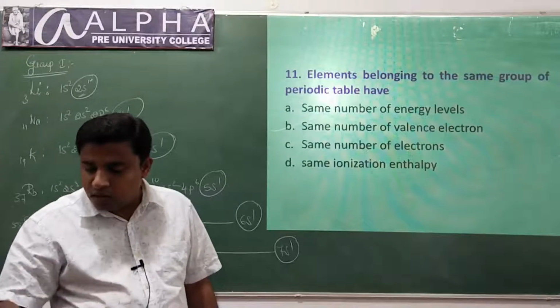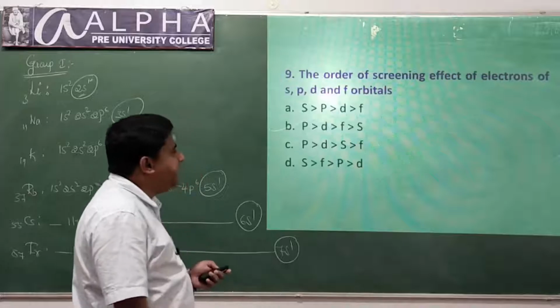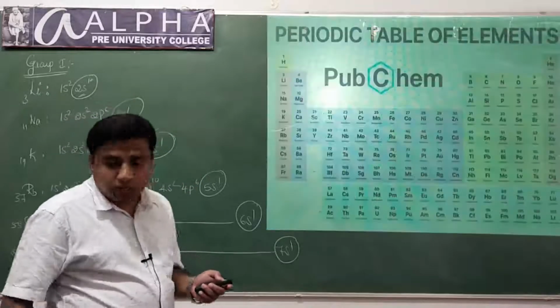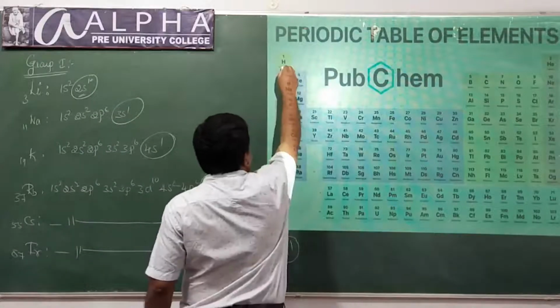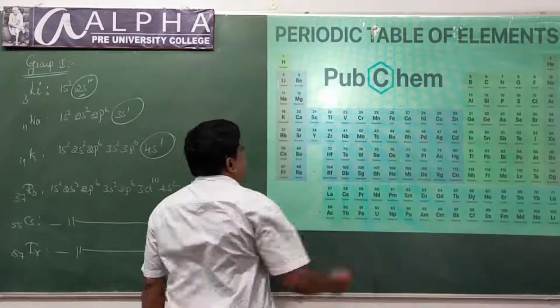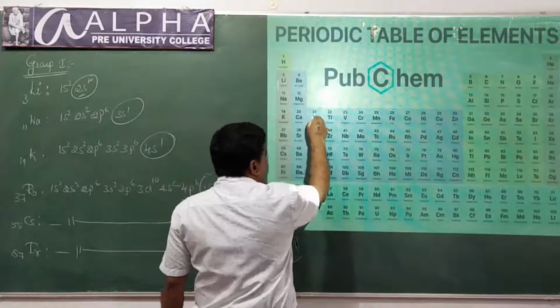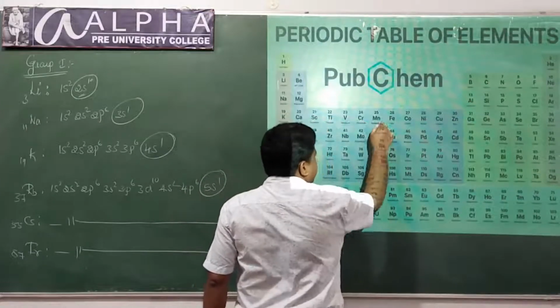Now let us move to the next question. You can take any group. Remember this: first group has 1 electron in its valency shell. Second group will have 2 electrons, third group 3 electrons, then 4, 5, 6, 7 electrons.